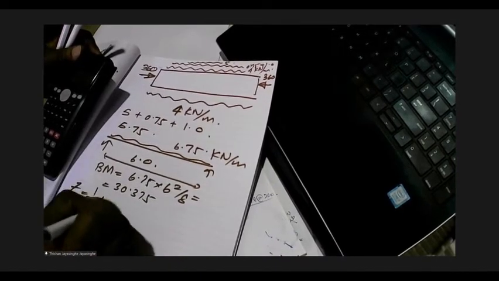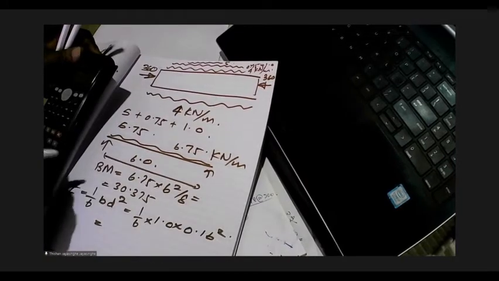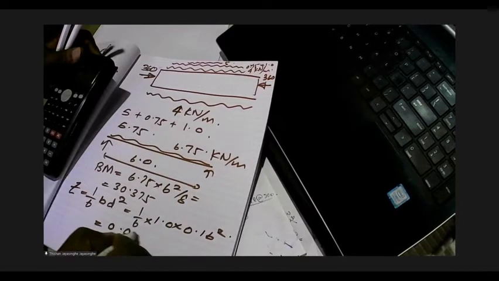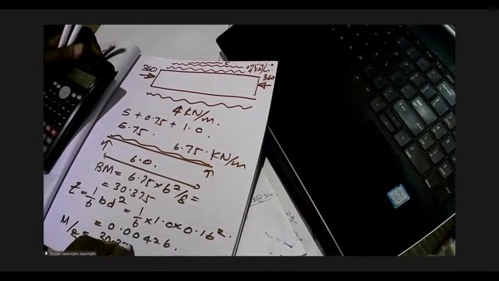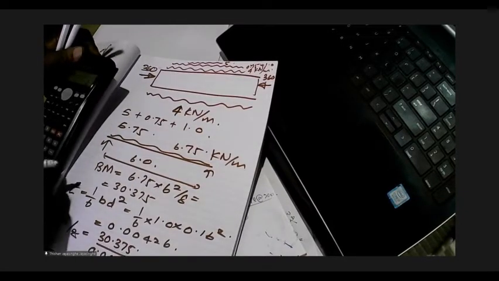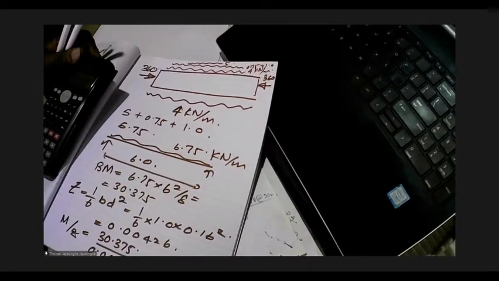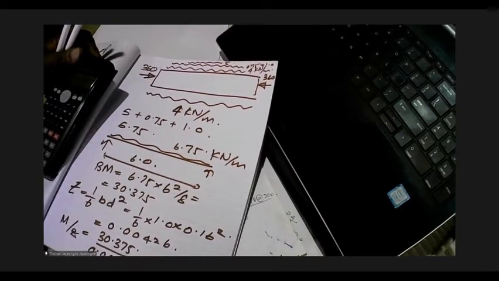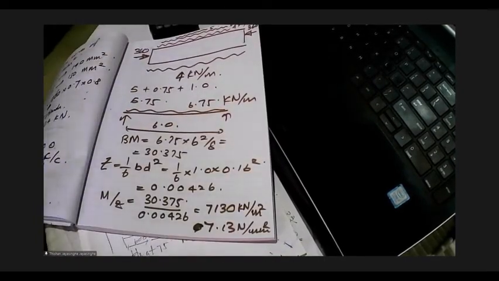The Z value is 1/6 b d squared, 1/6 into 1.0 into 0.16 squared, that is 0.00426. So M over Z is 30.375 divided by 0.00426, which is 7,130 kilonewtons per meter squared, or 7.13 newtons per millimeter squared. So these are the stresses caused by the additional dead and live loads. The additional dead loads are the load of finishes and partitions, and then we have a live load of 5.